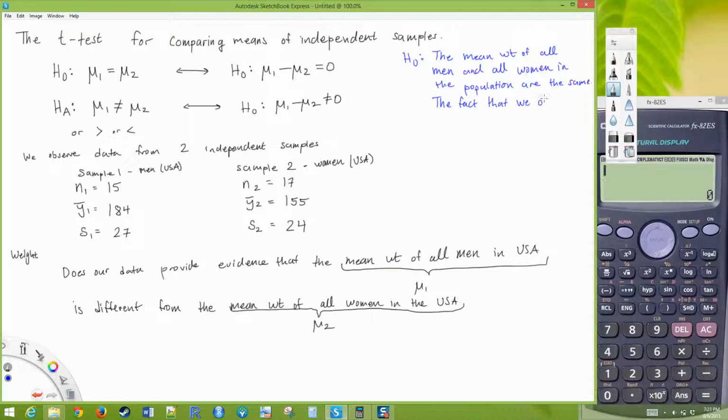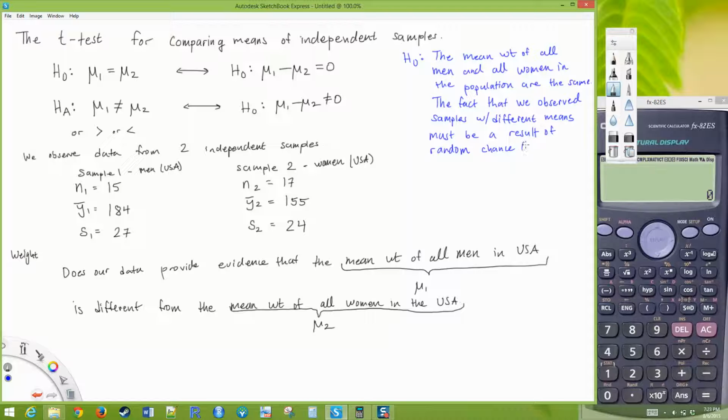That we observed samples with different means must be a result of random chance alone.